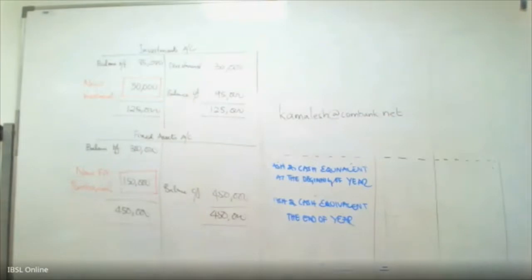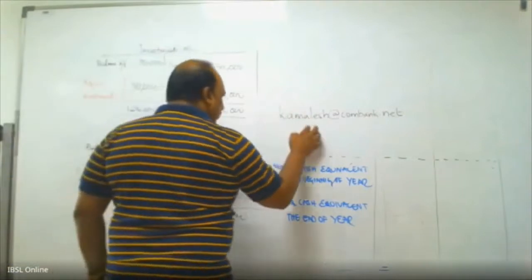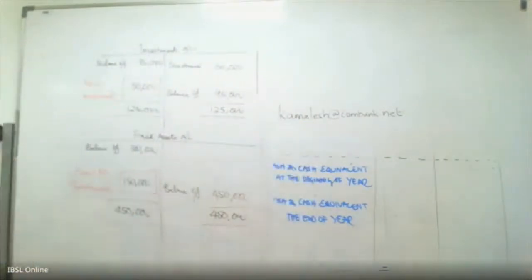If you can't, just do it on a piece of paper, take a photograph, and send me a WhatsApp, where I will mark it and respond to you. Wherever corrections are required, I will mark it and send it to you.